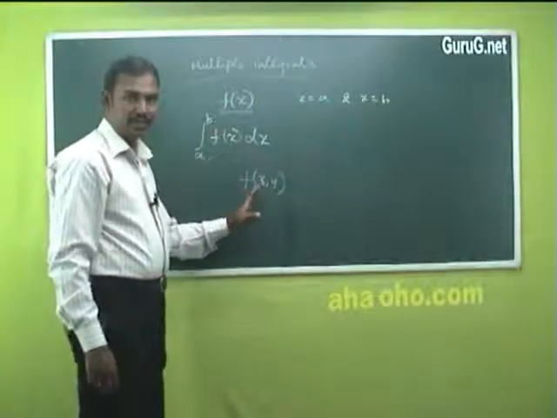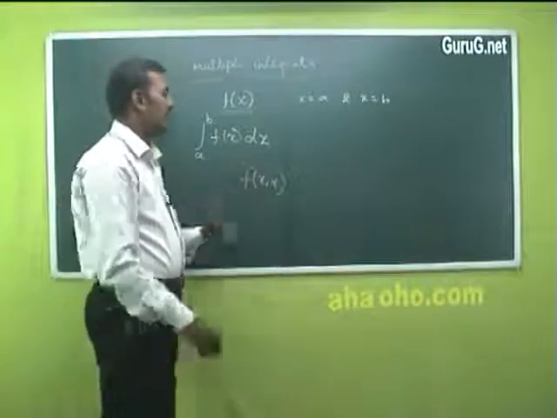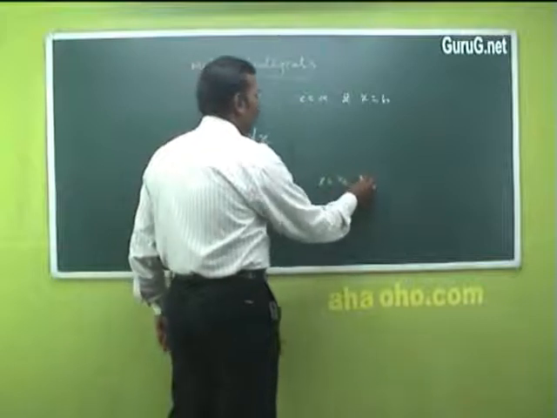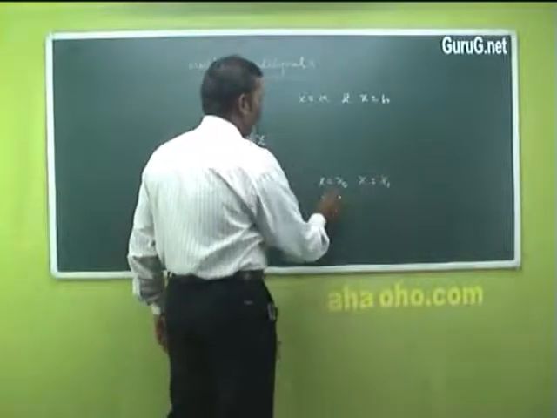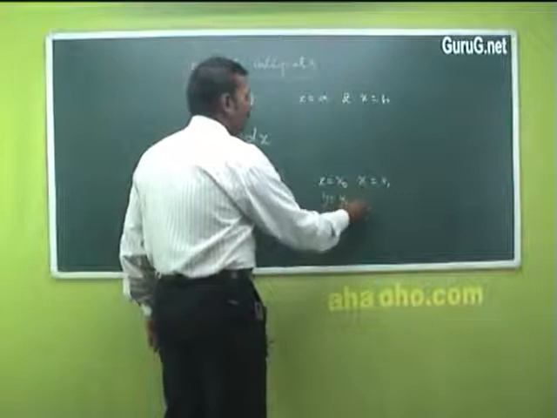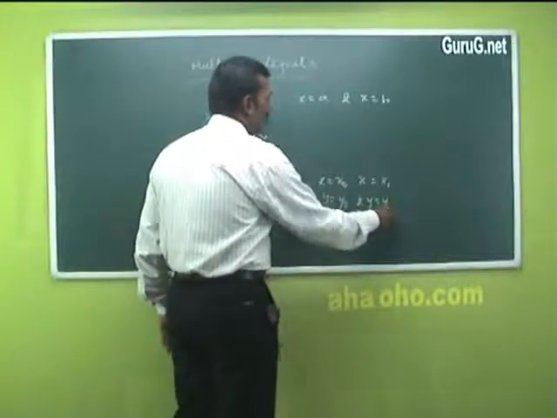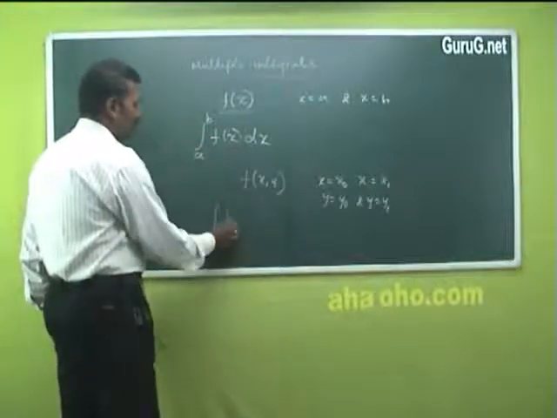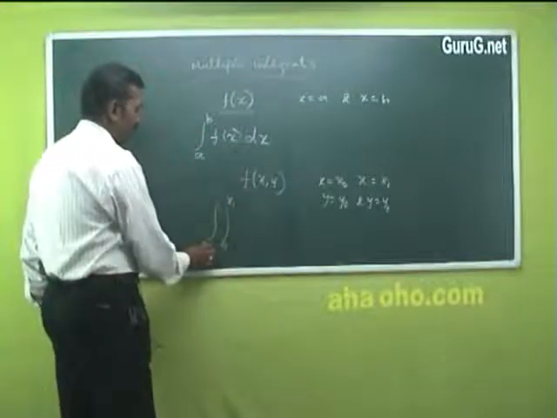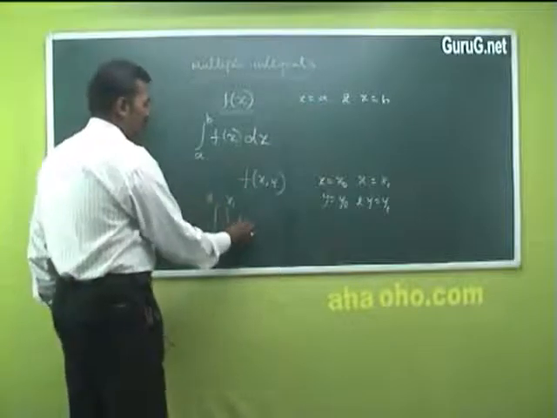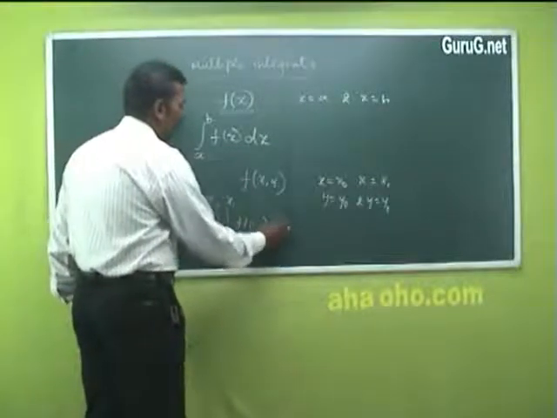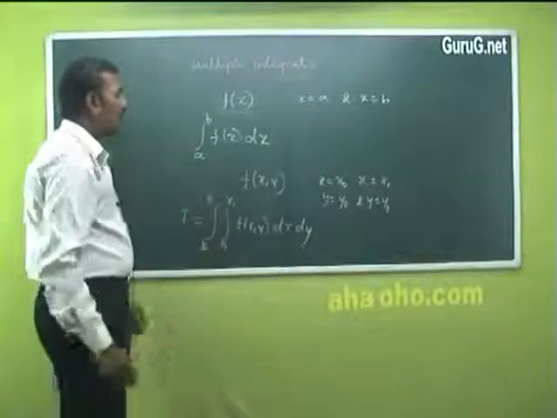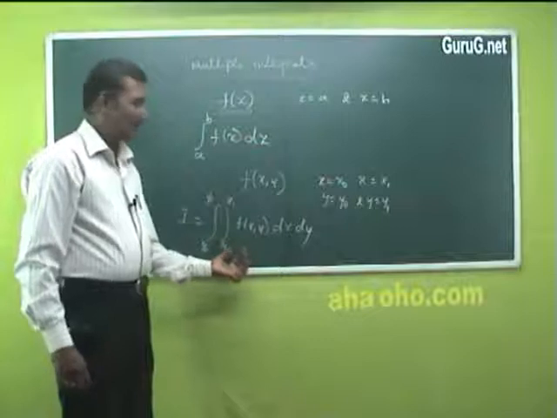So between x equal to x naught and x equal to x1, and y equal to y naught and y equal to y1, you may get a double integral x naught to x1 and y naught to y1 f of x comma y dx dy. This is called a double integral.